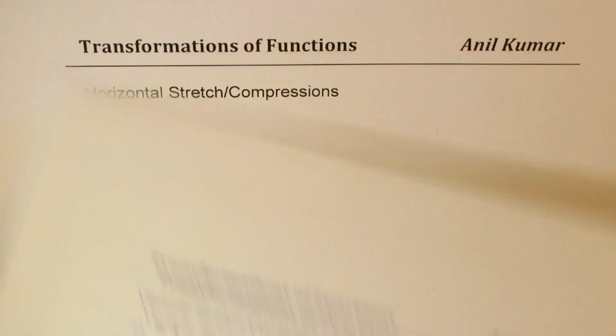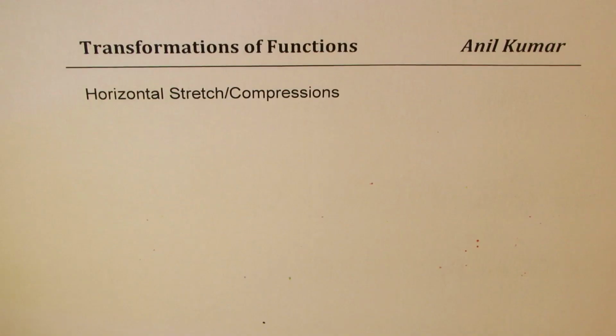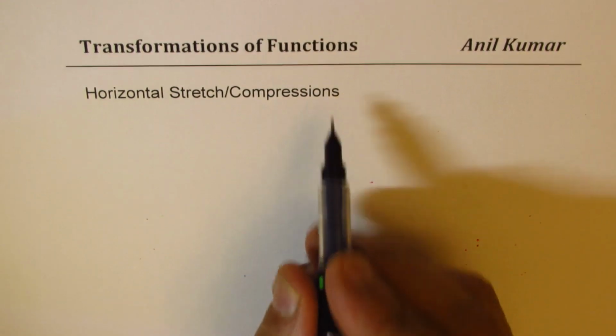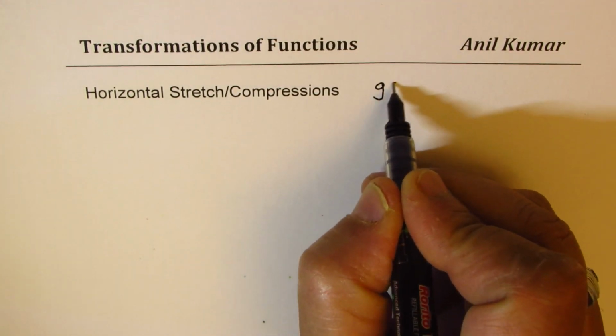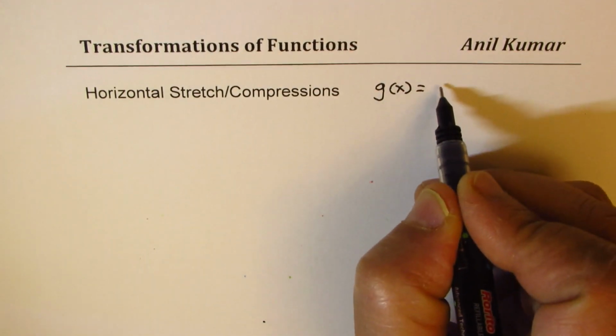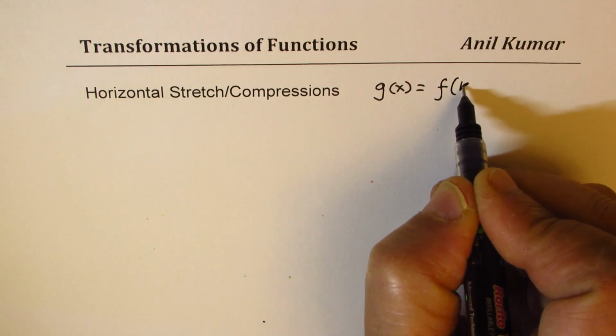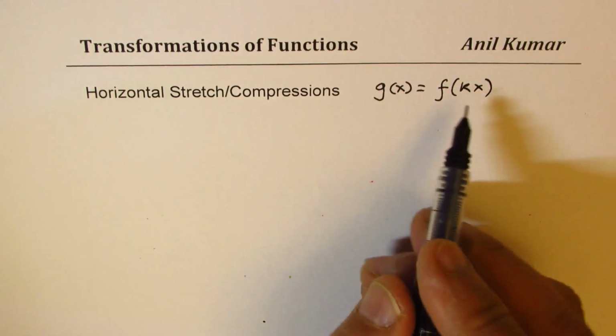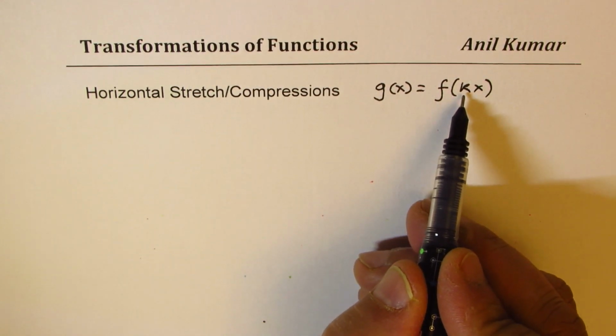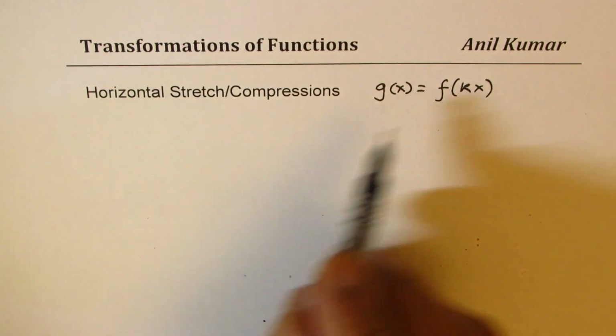Now let's look into horizontal stretch and compression. Horizontal stretch and compression could be represented as g of x equals f of kx. Now this factor k results in horizontal stretch or compression.